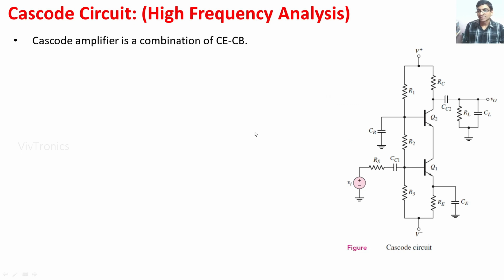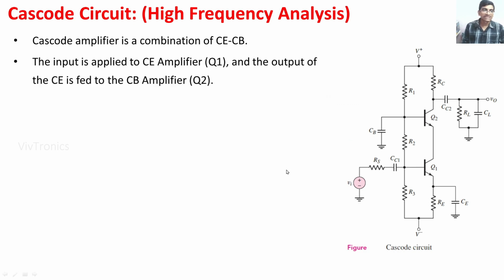The cascade amplifier is the combination of CE and CB configurations. Here the input is applied to the CE amplifier, which is the Q1 transistor amplifier, and the output of the CE is fed to the CB amplifier, which is Q2. This one is a CE configuration and this one is a CB configuration.